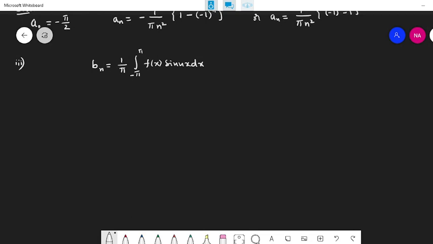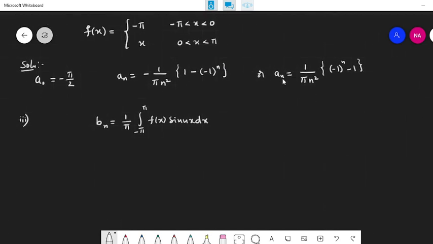Then see here the function is defined in two subintervals. When x lies between minus pi and 0, it has some value, and when x changes its interval, function takes a different value. So depending on the subintervals, we have to split this integral into two. First one is from minus pi to 0 and second integral is from 0 to plus pi.